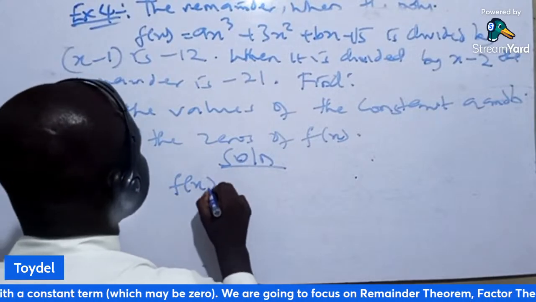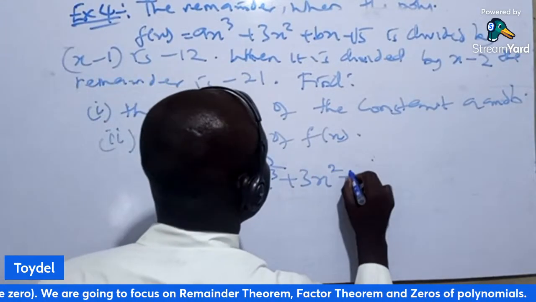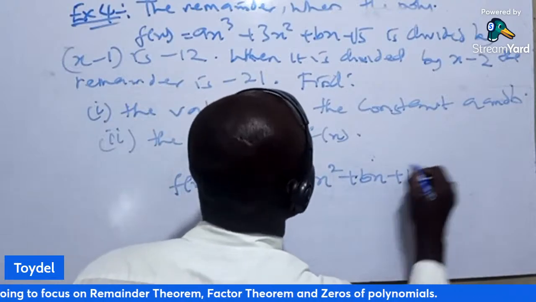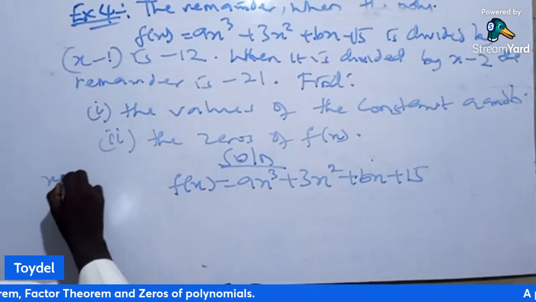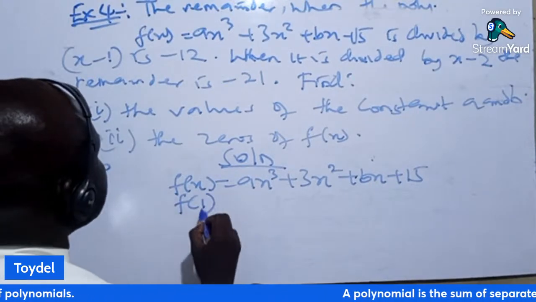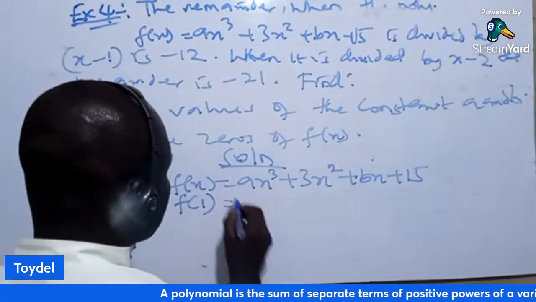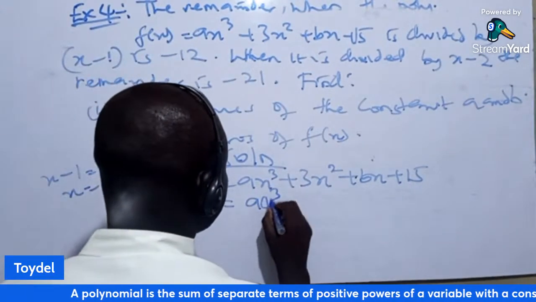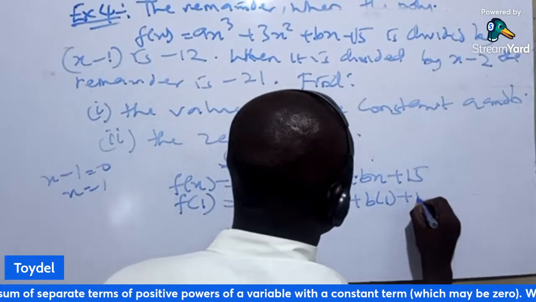F of x is equal to ax cubed plus 3x squared plus bx plus 15. So when this polynomial is divided by x minus 1, of course, when you have x minus 1, that will be equal to 0. So x equal to 1. That is, we talk about f of 1. F of 1 now, you substitute when x equal to 1, a times 1 cubed plus 3 times 1 squared plus b times 1 plus 15.